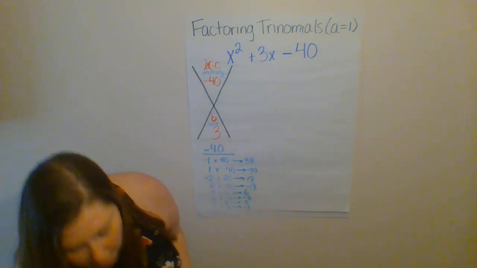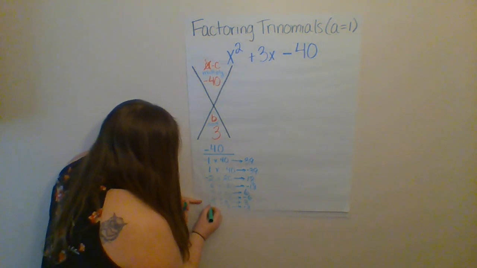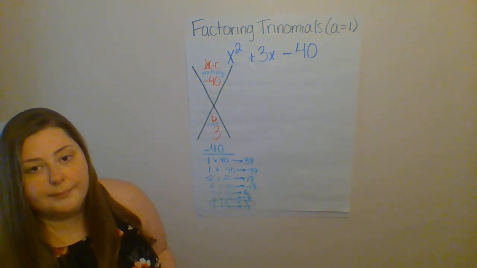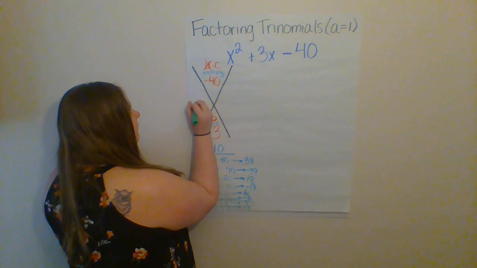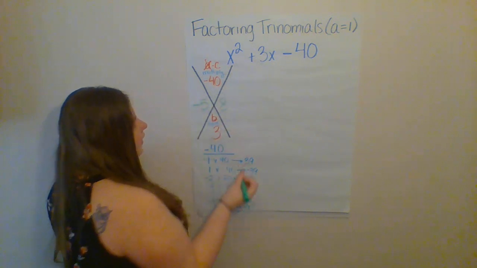So now, looking at all of those, negative 5 times 8, when we added those together, we got our 3. So we are going to take that negative 5 and 8 and fill it in to the sides of our x.